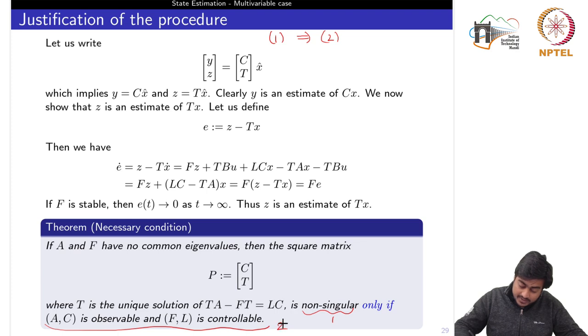But if the second statement is true, it does not imply that the first statement would also be true. This we had already seen in the algorithm, basically, that although we have ensured the observability of the pair A, C and the controllability of the pair F, L, we can still end up with a P matrix which is singular. So here in the multivariable case for the reduced state estimator, we have a weaker condition which is only necessary, not sufficient.